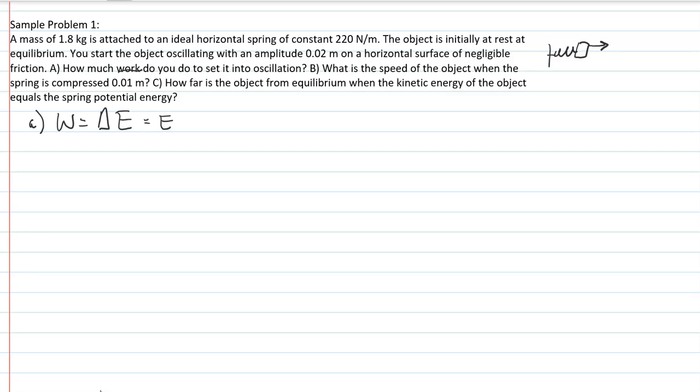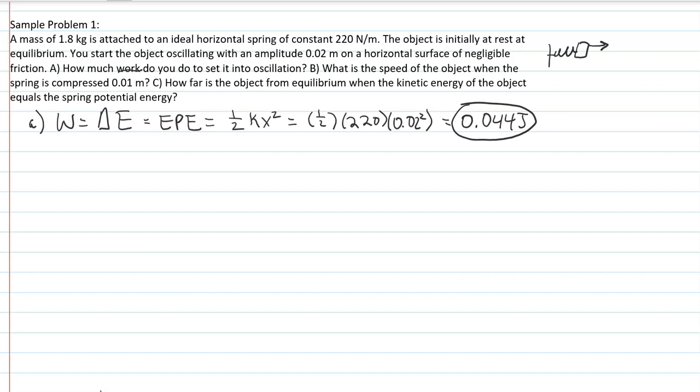So the work is going to equal EPE, and EPE is equal to 1/2 kx squared, and we have k and x. k is equal to 220, x is equal to 0.02. Don't forget to square it. If you plug all of that into your calculator, you should get 0.044 joules.